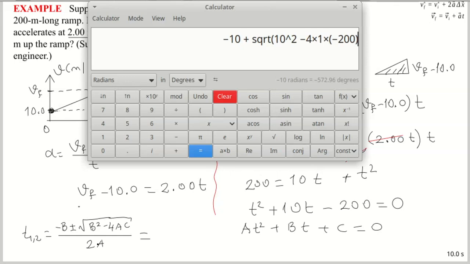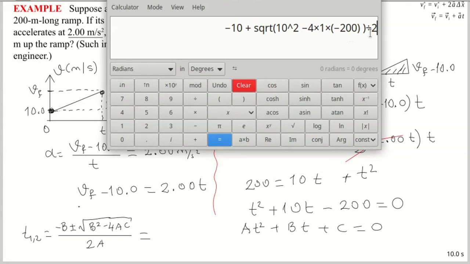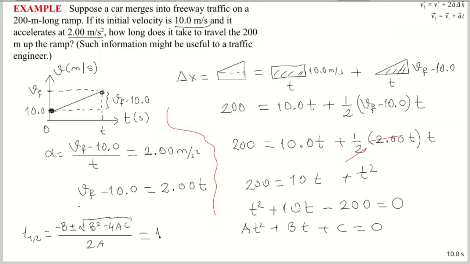I need to put it in parentheses like that, with the closing divide by 2, and we have to put everything in parentheses. So divided by 2 is 10. Our answer is 10 seconds.